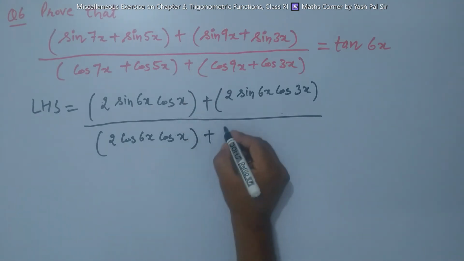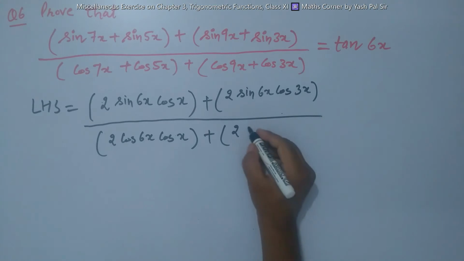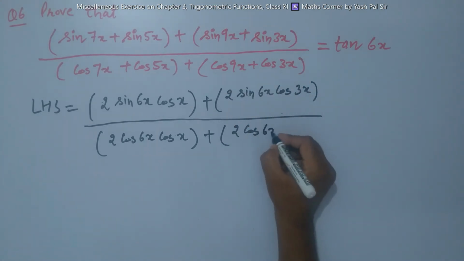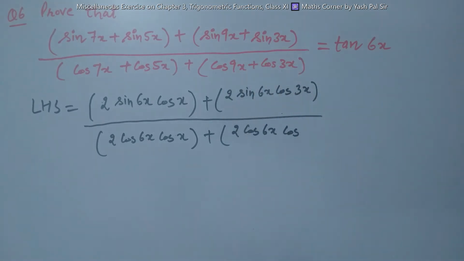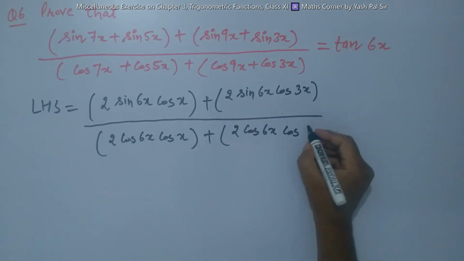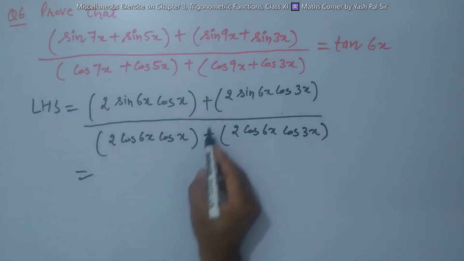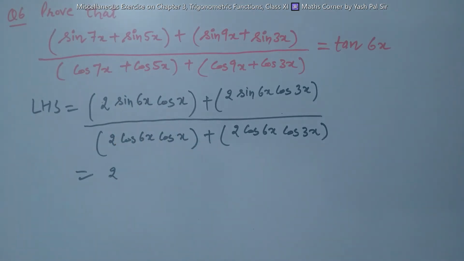Plus, again 2 cos (c plus d)/2, 9 plus 3, 12 upon 2, 6x, into cos (c minus d)/2, 9 minus 3, 6 upon 2, 3x.